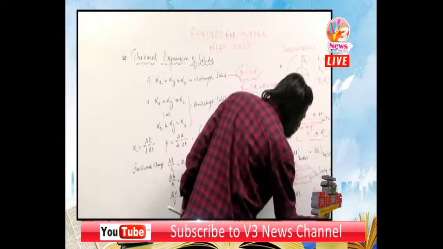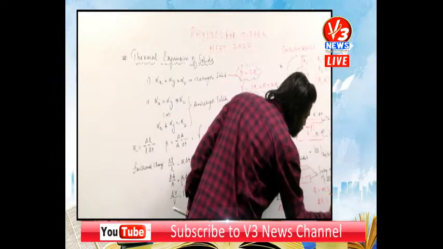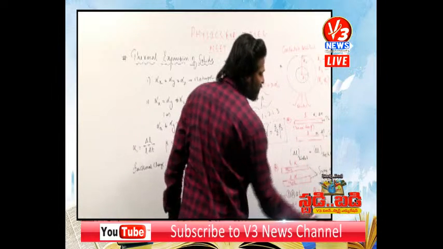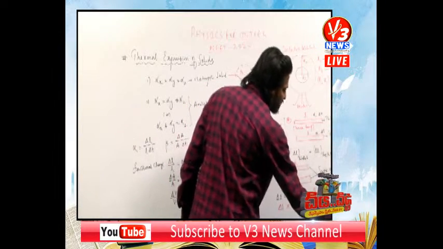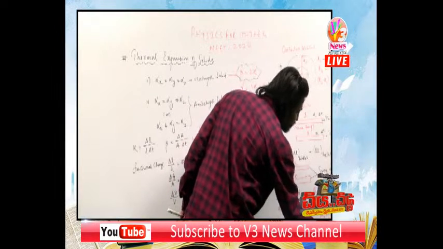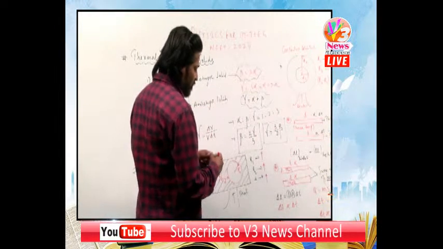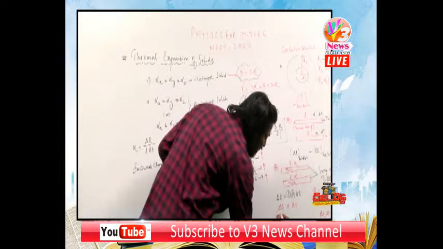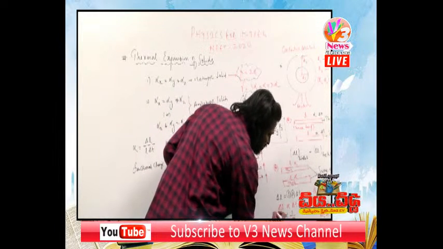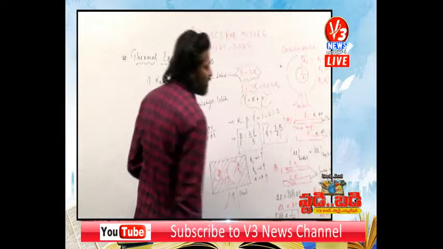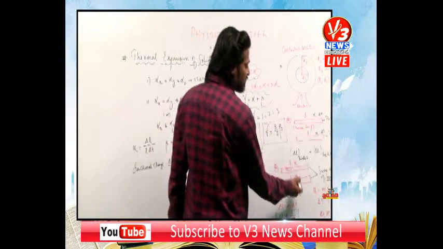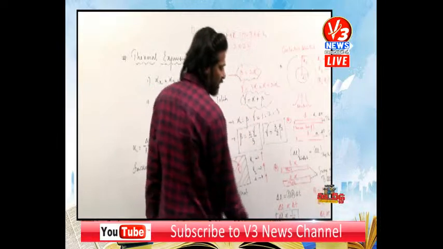Taking delta T out, delta T is equal to Q by M into S. As it is made of the same material, with the same amount of heat and the same specific heat, delta T is inversely proportional to the mass. So from this relation, delta L is inversely proportional to the mass. That means between the thin rod and the thick rod, the mass of the thin rod is lesser.